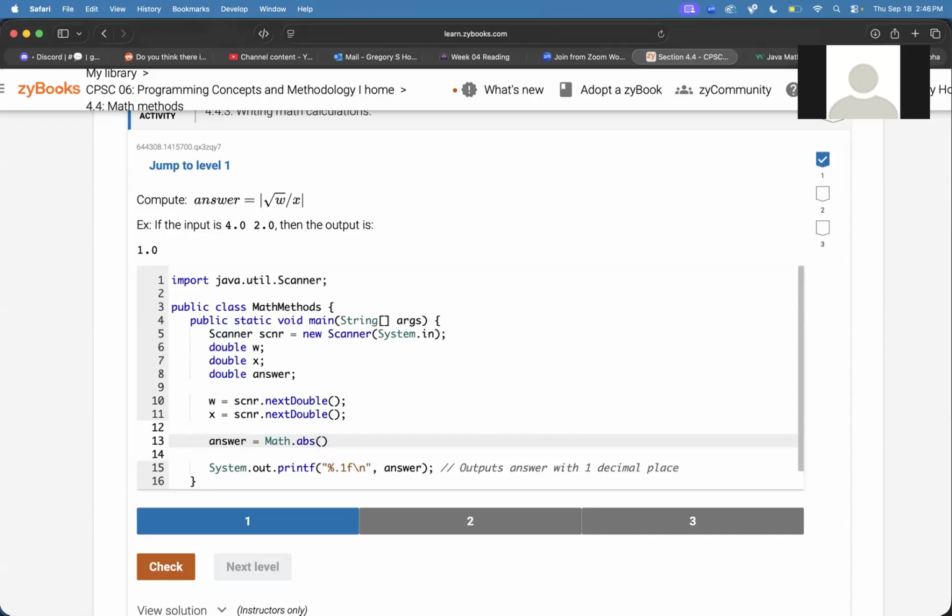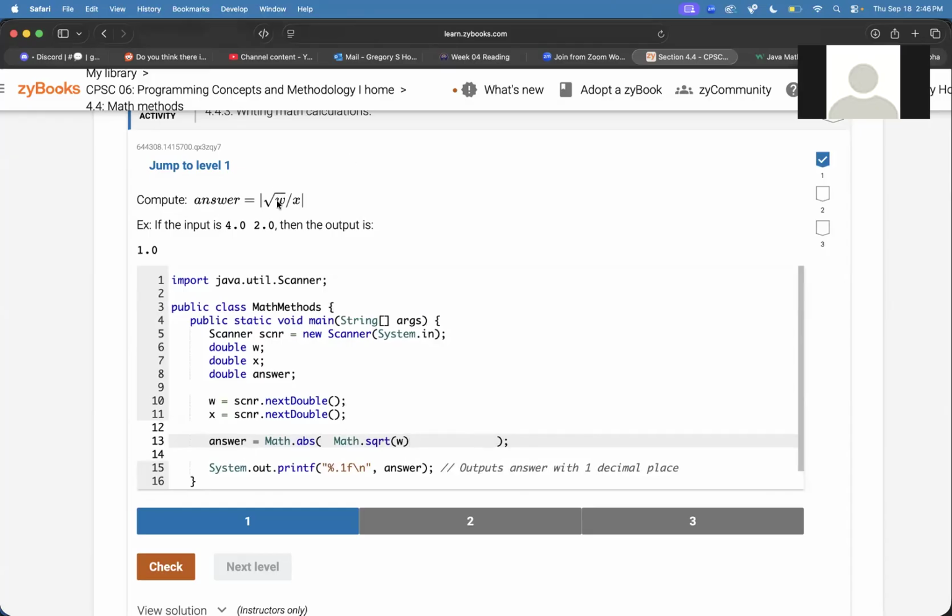Now I put the parentheses, and let's move it over a little bit, give myself some space inside to type. So Math.abs. Inside of the abs, I have a square root of W. So the square root of W is capital M Math.sqrt parentheses W.